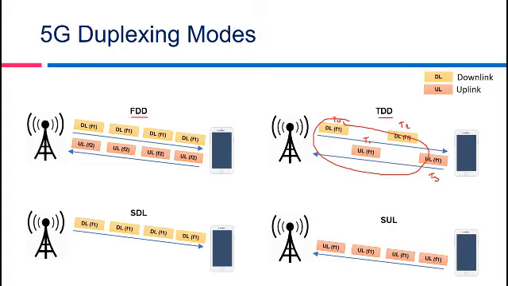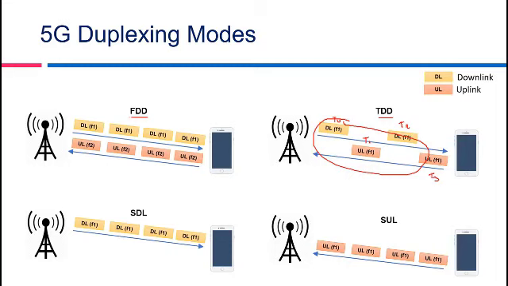The third duplex mode available in 5G is SDL. SDL is supplement downlink. In SDL there is one frequency and it is always used for the downlink.